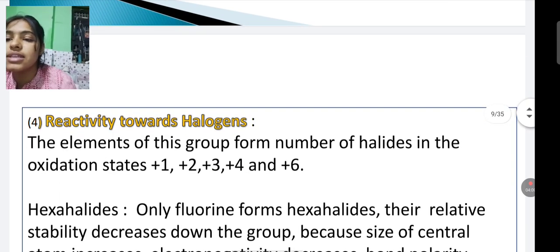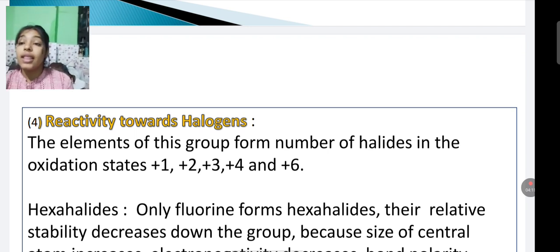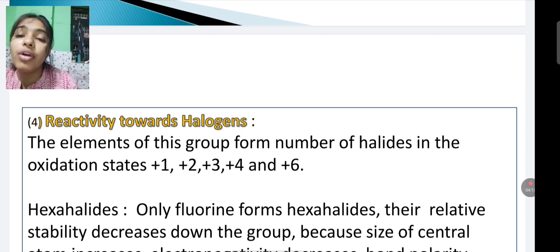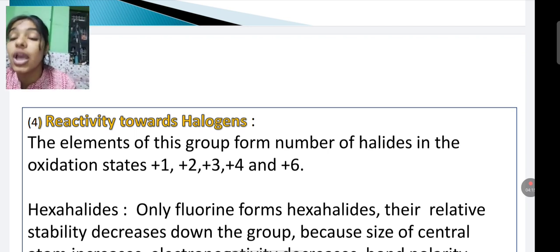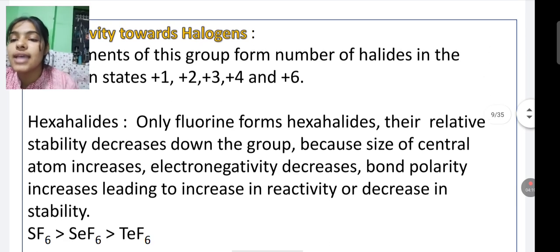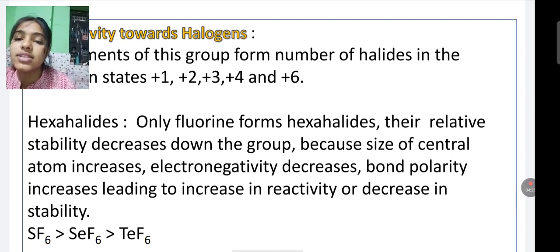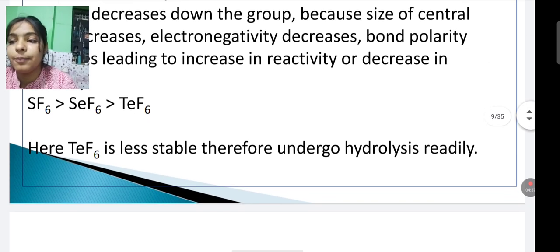Now we discuss reactivity towards halogen. The elements of this group form a number of halides in the oxidation states +1, +2, +3, +4 and +6. Hexahalides: only fluorine forms hexahalides. Their relative stability decreases down the group because the size of central atom increases, electronegativity decreases, bond polarity increases, leading to the increase in reactivity or decrease in stability.